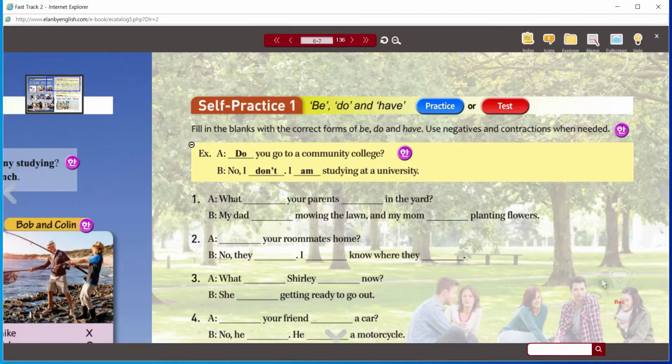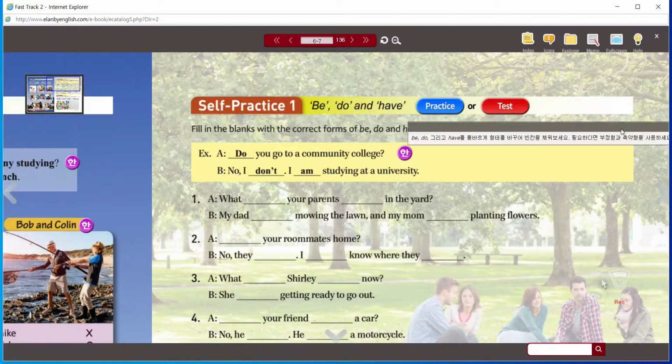Okay. So the activity, as it says here, it says fill in the blanks with the correct forms of be, do, and have. Okay. Use negatives and contractions when needed. Okay. So you can see the request that they're doing here.